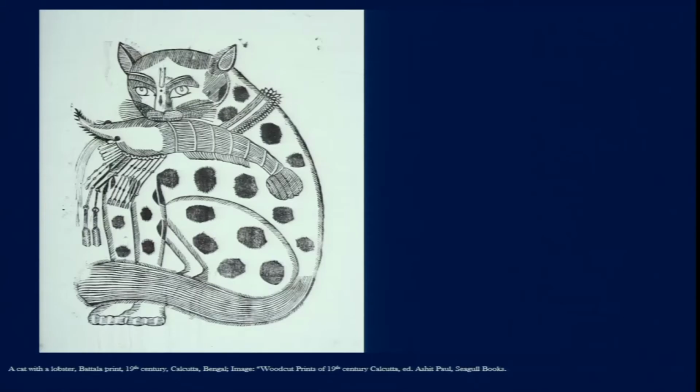At the same time we also see how these themes were widely circulating in the public domain. So in this image we see a cat with a lobster, and a cat with a lobster is a common sight in Bengal and many of the coastal regions. But if we pay attention, we have a Vaishnava tilaka on the forehead of this cat, which is also the same in its counterpart in the Kalighat painting.